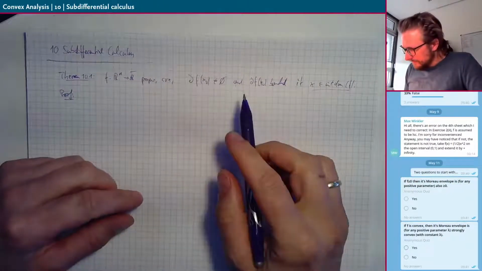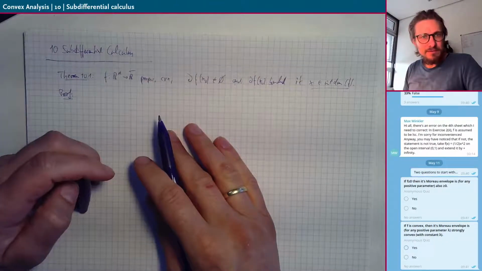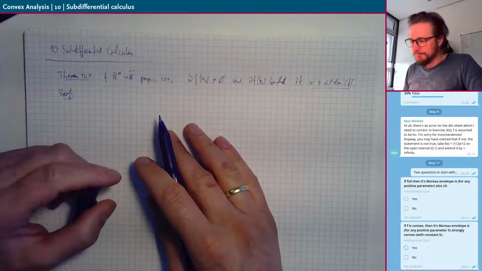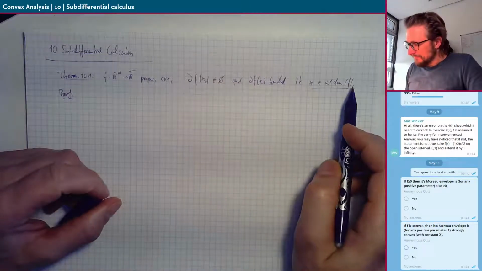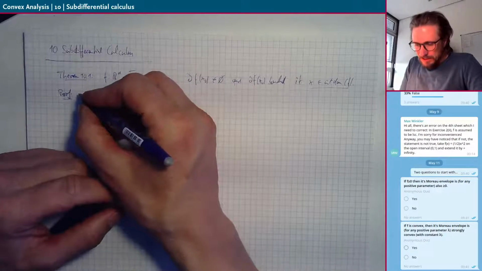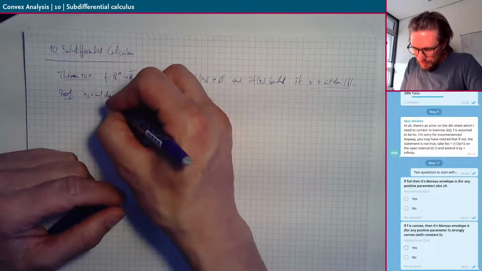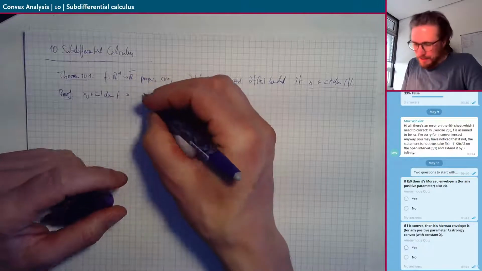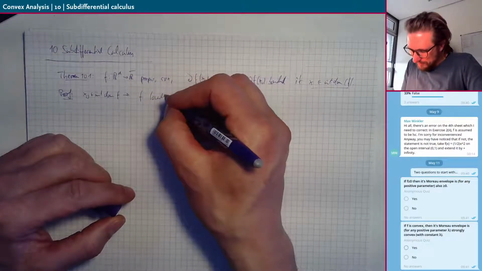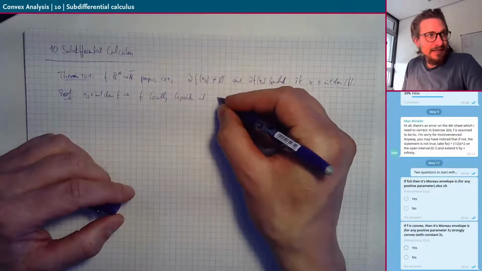So, let's first go for boundedness. That is more or less an immediate consequence of the fact that if a convex function is locally bounded, then it's locally Lipschitz at that point. So if x is in the interior of the domain of f, then f is locally Lipschitz at x0.